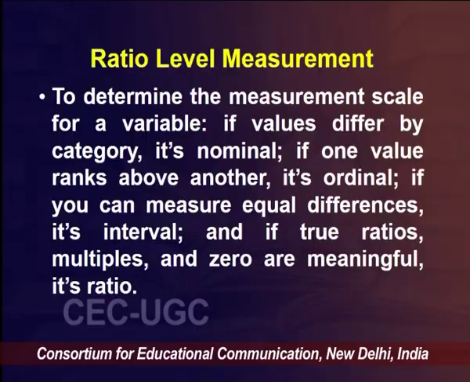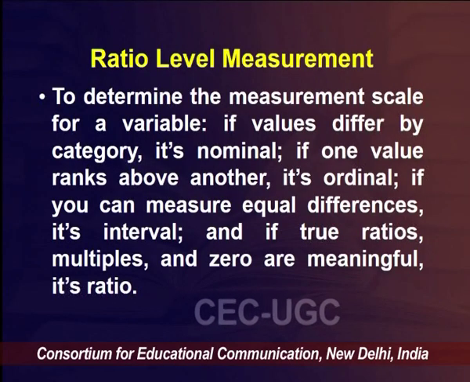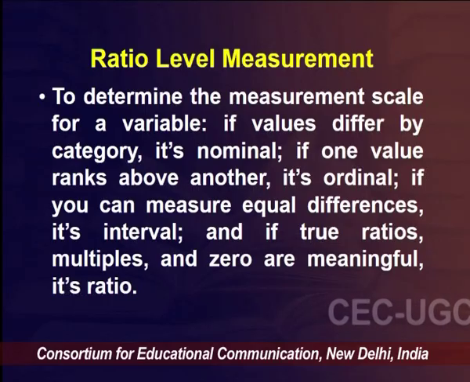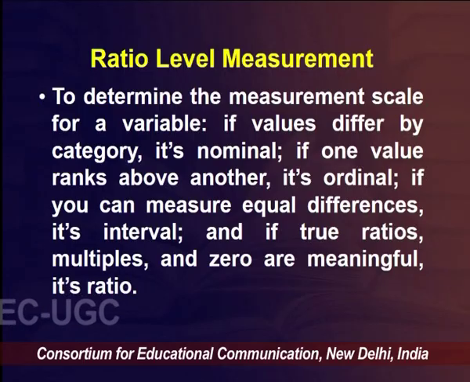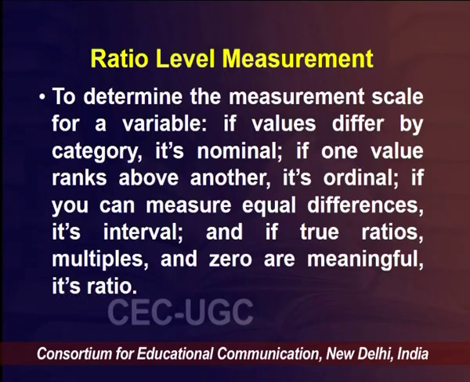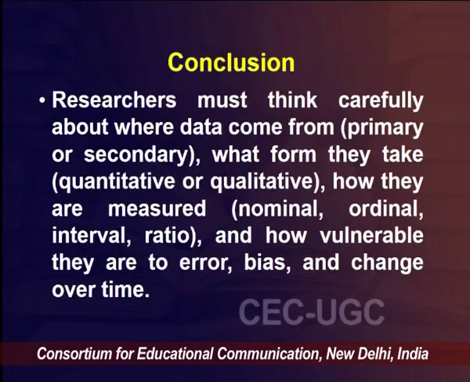To determine the measurement scale for a variable: if values differ by category, it's nominal. If one value ranks over another, it's ordinal. If you can measure equal differences, it's interval, and if true ratios, multiples and 0 are meaningful, it's ratio.